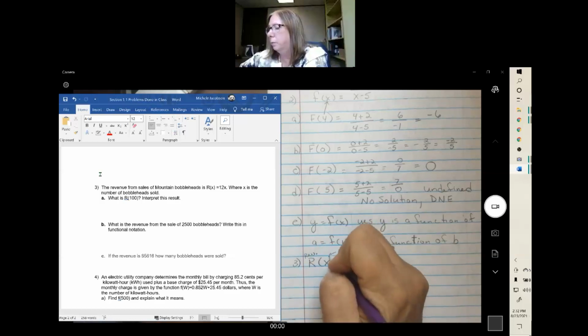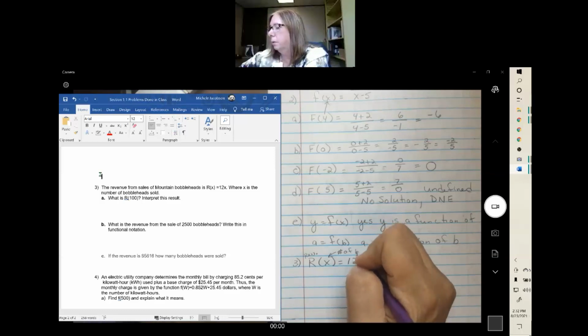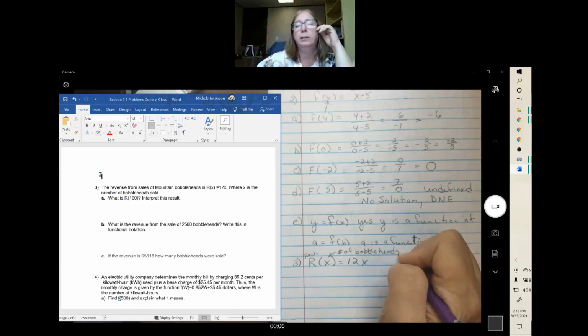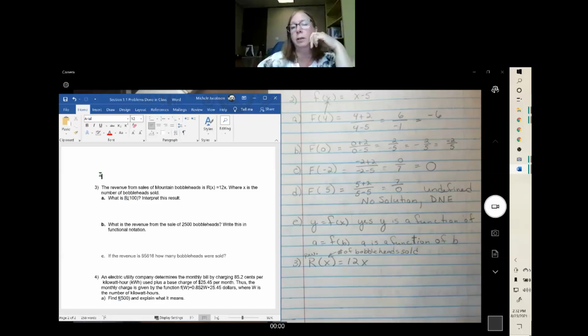And it said x was the number of bobbleheads sold. So it's a good idea to use variables that go with your words, like you could have put a B here for bobblehead, but R for revenue, C for cost, P for profit. Those are used a lot. And this one's revenue.